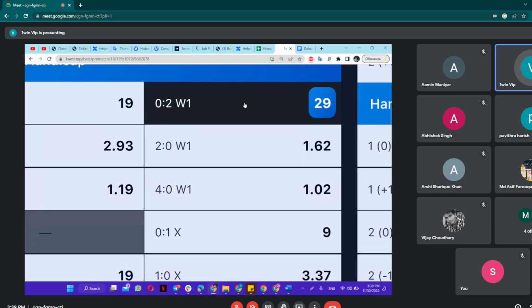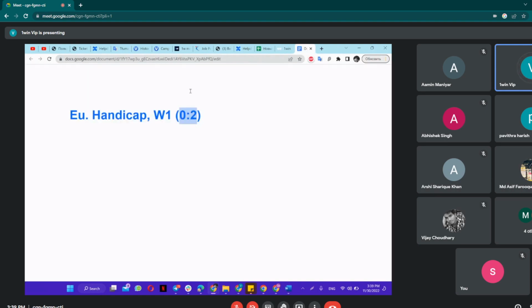As you can see, the coefficient for this bet is quite high. If I bet 1,000 rupees, in case of winning, I will receive 29,000 rupees. It's a lot, yeah? And how will this bet be calculated? Winning of the first team. Let's suppose the match score will be 3-1.